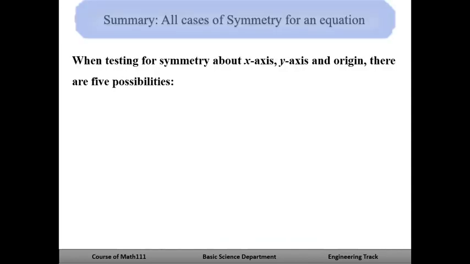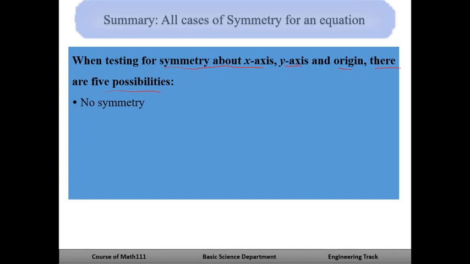And okay, as a summary, when testing for all symmetries about the x-axis, y-axis, and the origin, there are 5 possibilities. 1, there will be no symmetry, so it means no symmetry for the x-axis, for y, and for the origin.